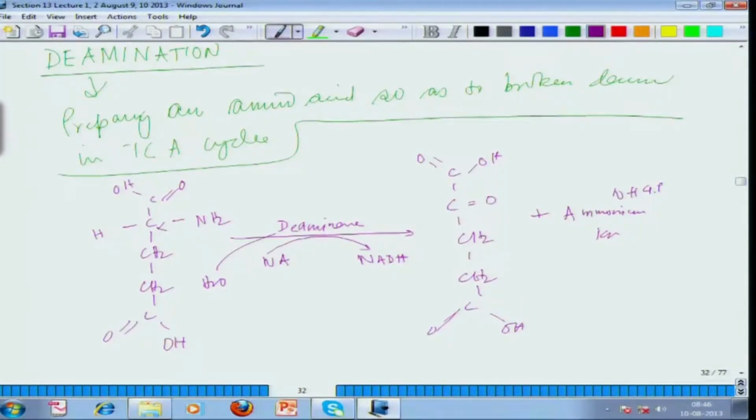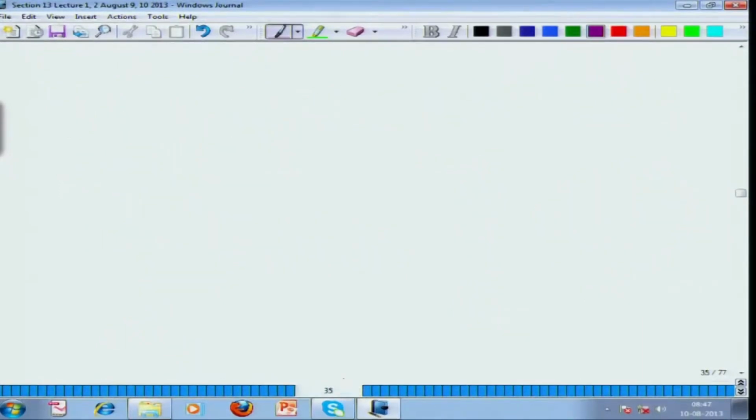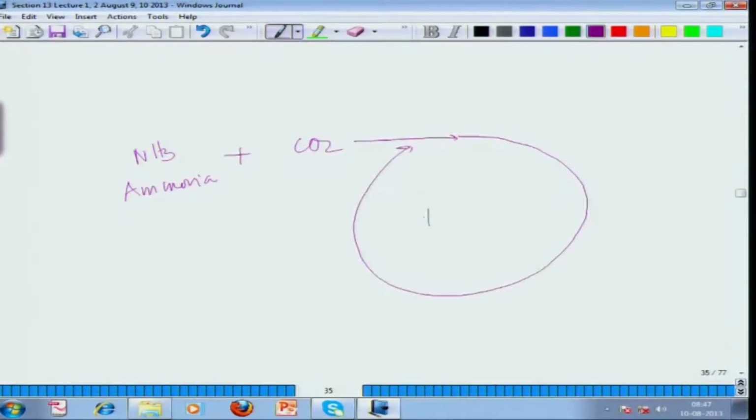This NH4 plus then becomes part of the TCA cycle, which I will show you in the next slide. This NH3 or ammonia plus carbon dioxide, which is coming from the tricarboxylic acid cycle. So, you are entering inside the TCA cycle now, and the output is this.